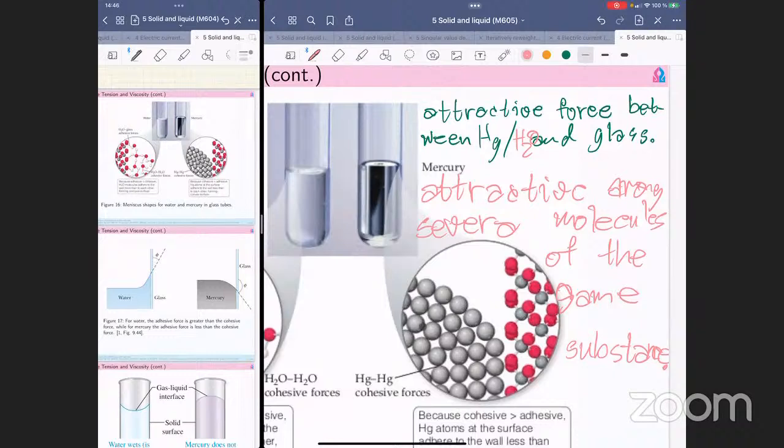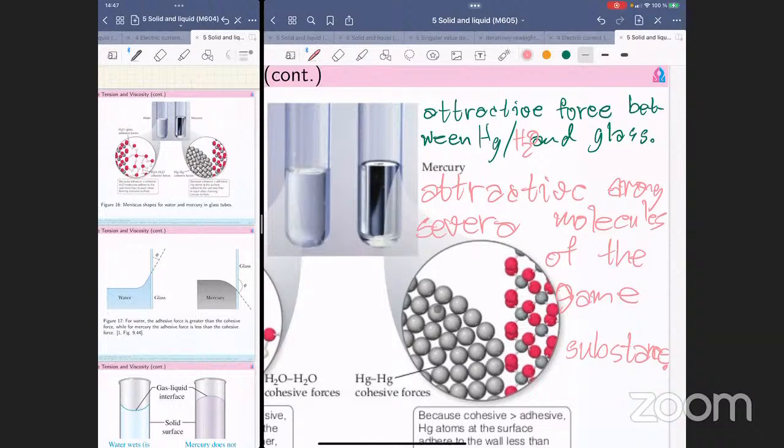mercury is a fluid that has a great amount of density, so they stay quite close to each other, and the cohesive force is quite strong, and it means the cohesive force for the mercury to mercury is very, very strong. Compared to the adhesive force between the glass and the mercury, it's called adhesive force here, right? Yes, it is the adhesive force between mercury molecule and the glass molecule, silica or silicon oxide or something like that, is not so strong compared to the cohesive force here.